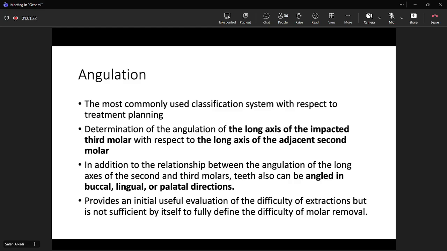It could be angled, let's say, in a distal direction, mesial direction, horizontal direction, or vertical direction, but it may also have different angles that are not shown in the OPG, which could be in a lingual, buccal, or palatal direction. However, this classification system is a useful tool to predict the difficulty, but it's not sufficient by itself to define the full difficulty of removal of a wisdom tooth.